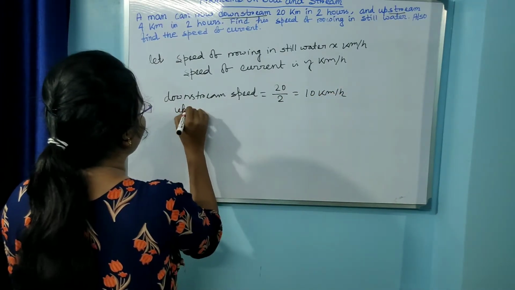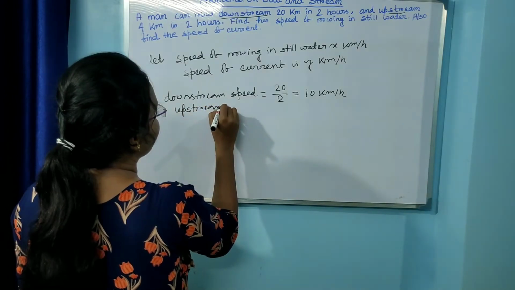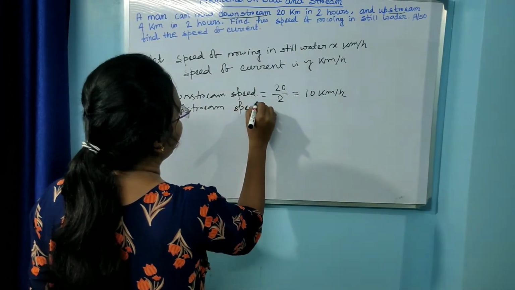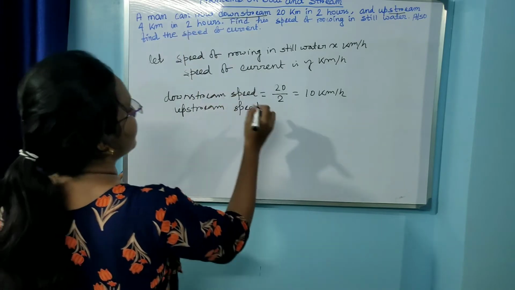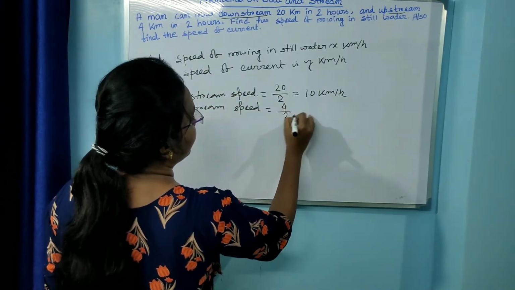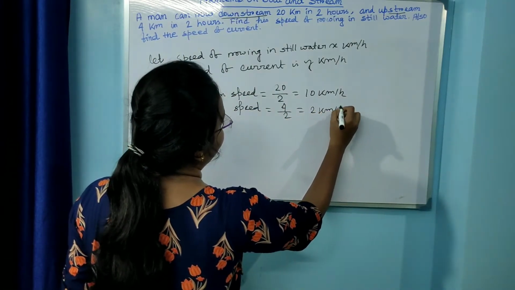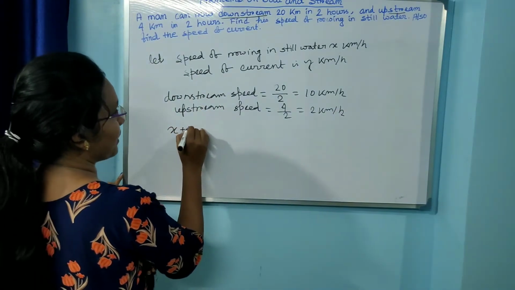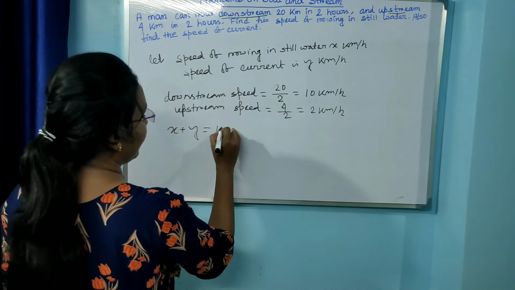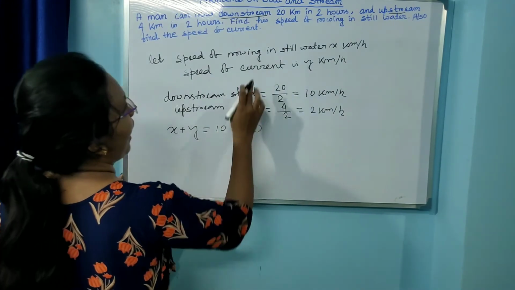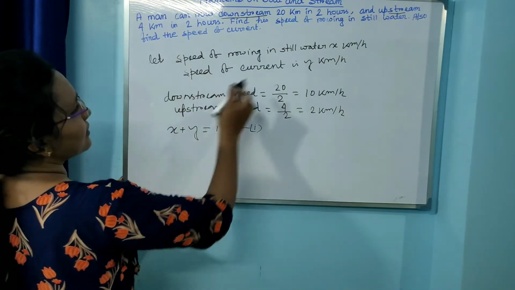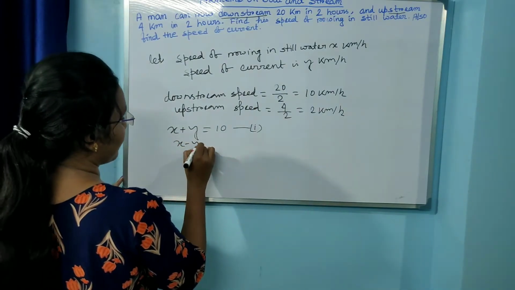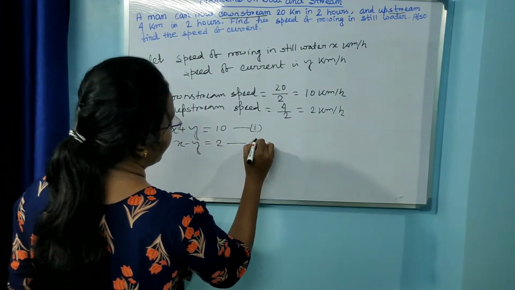And upstream speed equals 4 km in 2 hours, that is 4 by 2, that is 2 km per hour. So now you know that downstream is x plus y, so x plus y equals 10. This is one equation, and upstream is x minus y, so x minus y equals 2.